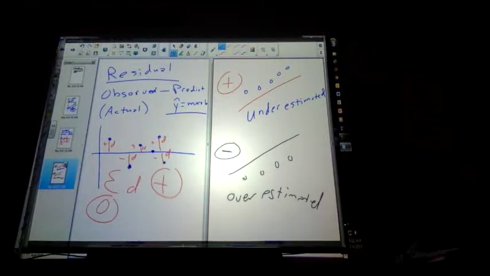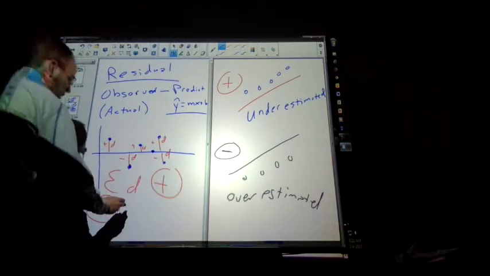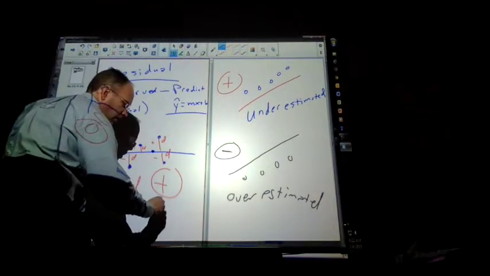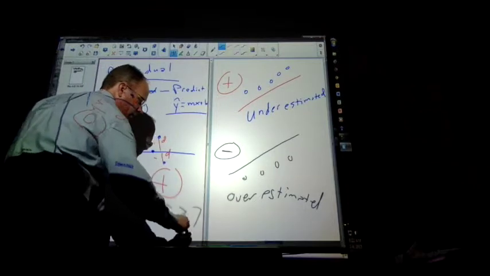If I underestimated, do you think we have a good R value? What do you think? I'll tell you the 0 residual means that we are going to have an R value that's greater than 0.7.